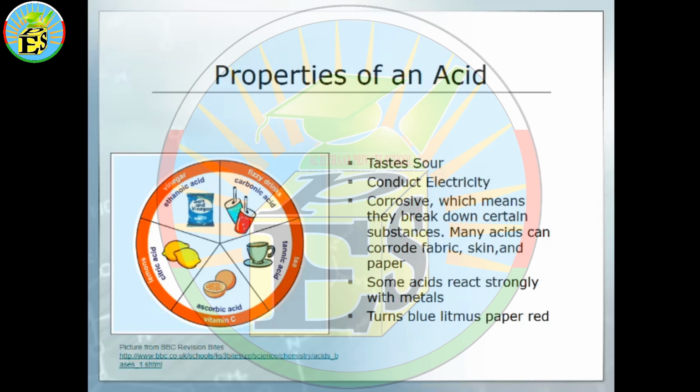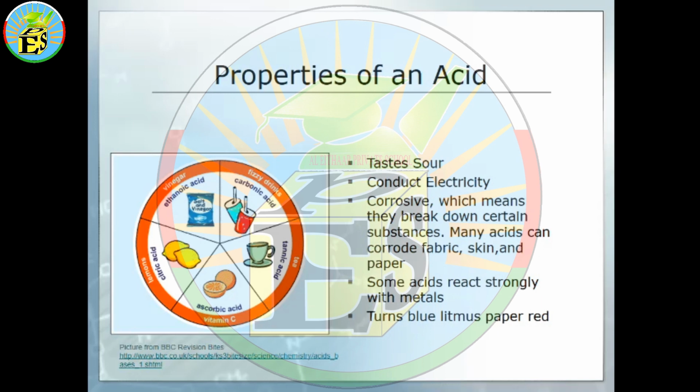Corrosive means that they can break down certain substances and cut many things. They can corrode fabric, skin and paper, and some acids also have a strong reaction with metals.